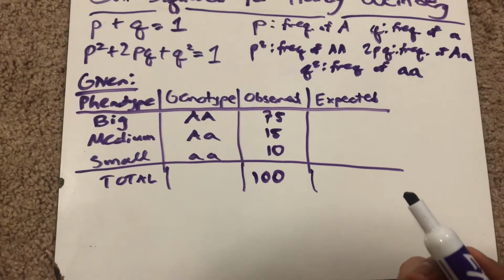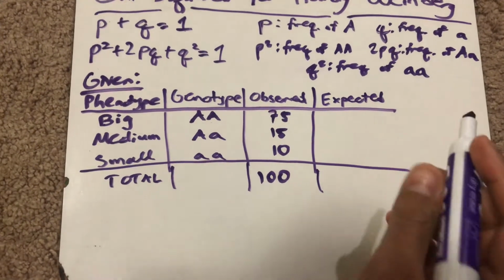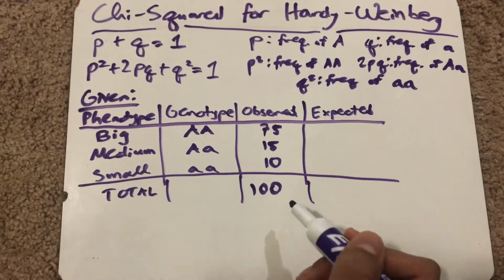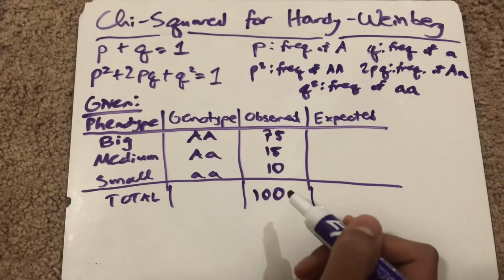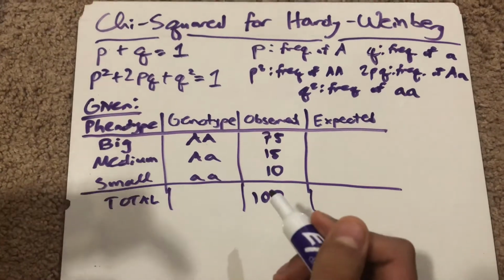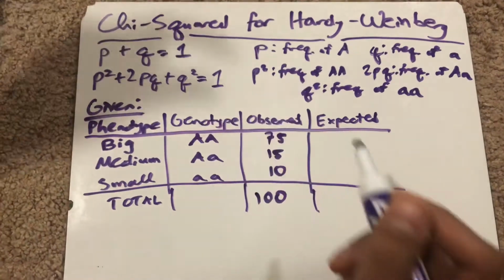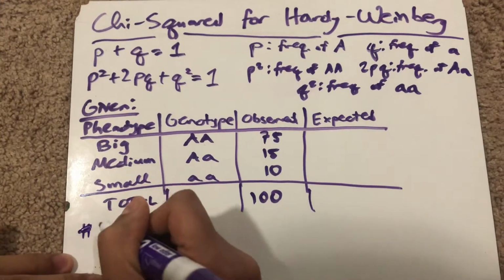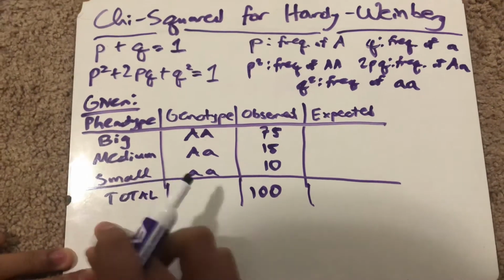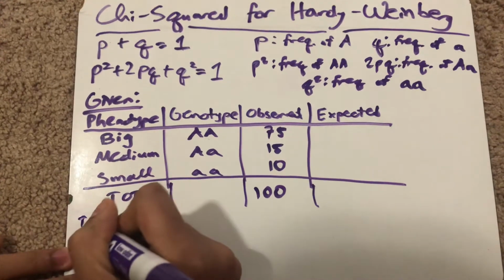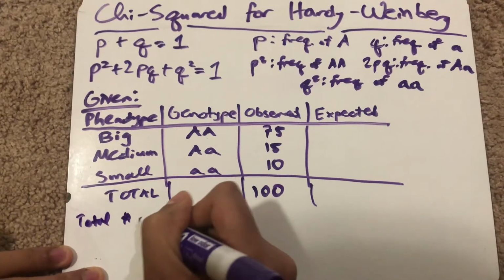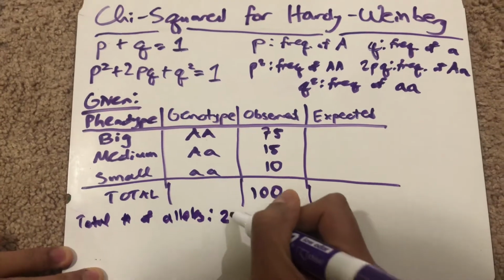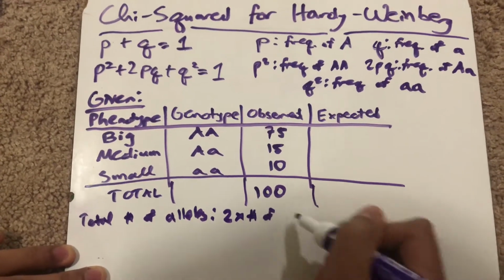Now, here's where the expected numbers come in. What you have to realize is, since there's 100 individuals total, the total number of alleles, remember, alleles means how many big A's and little a's all combined together, is 2 times the number of individuals.